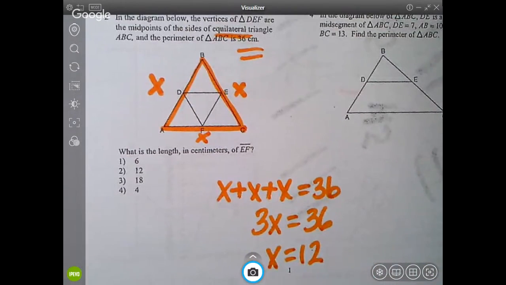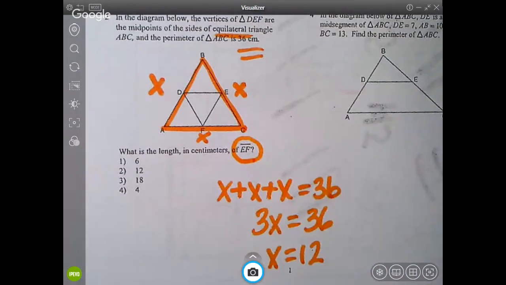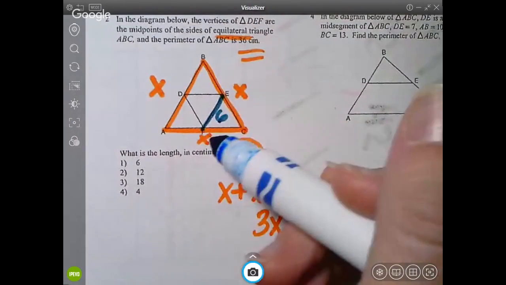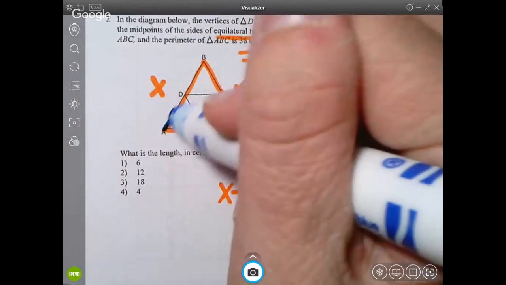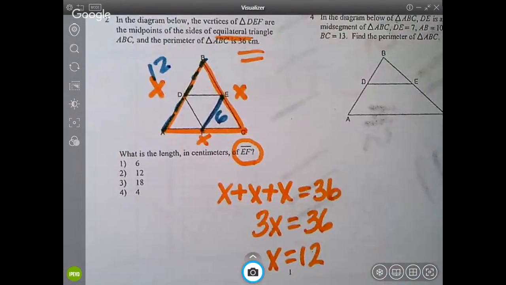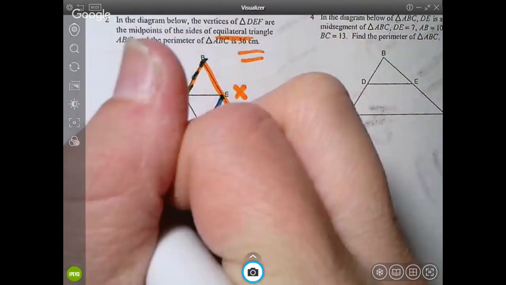Now here's the catch though. It wants us to find the length of EF. It would be 6. EF is parallel to this side. If this side is 12, whenever we go big to small, we divide by 2. So 12 divided by 2 gives me the 6.